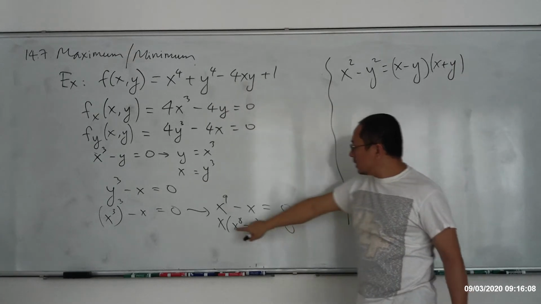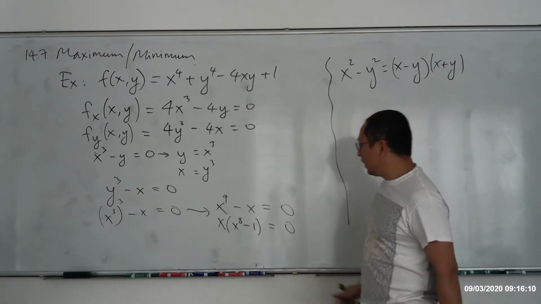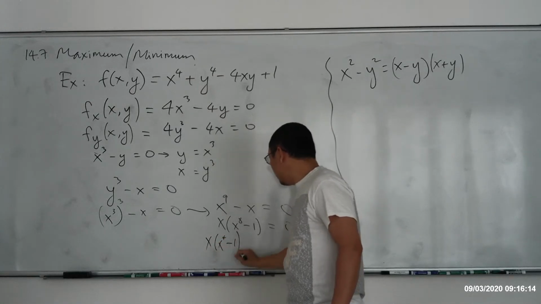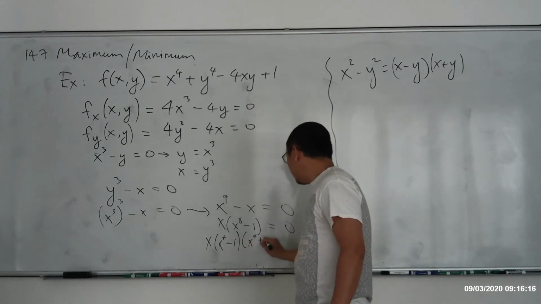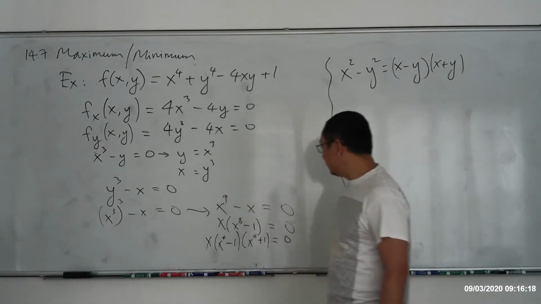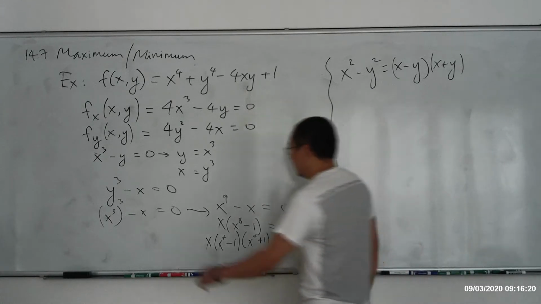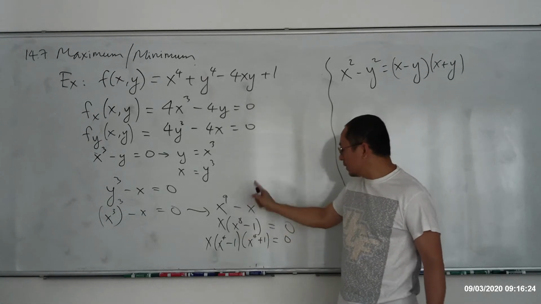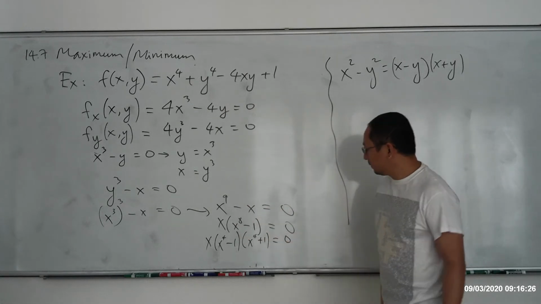I'm going to think of x to the 8 as x to the 4 squared. So this is x times x to the 4 minus 1 times x to the 4 plus 1 equal to 0. Because I think of x to the 8 as x to the 4 squared, and of course, 1 is 1 squared.